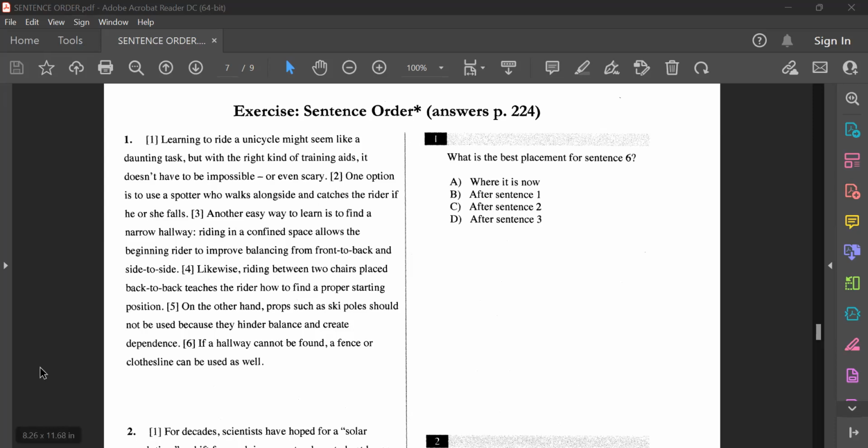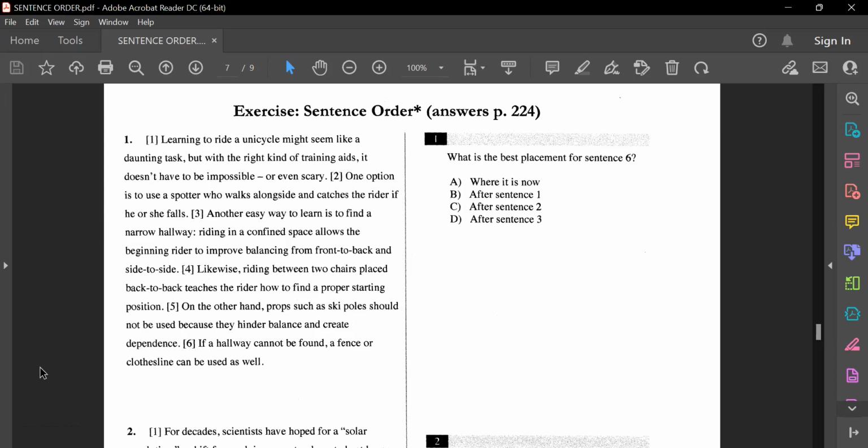Yeah. Hello, ma'am. After sentence 3. Raise your hand, Nana, once you're done. Okay, after sentence 3, correct. Very good. Samiksha, did you get it correct after sentence 3? Yes, ma'am. After sentence 3. Okay, perfect.